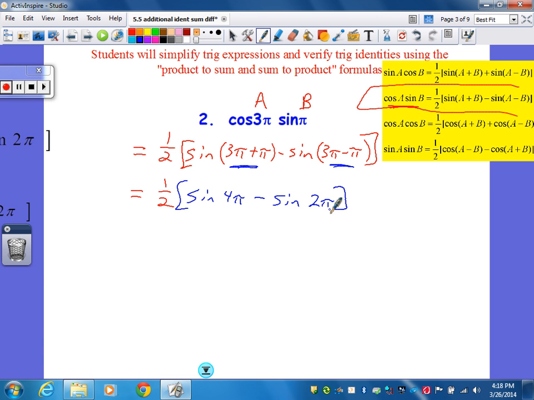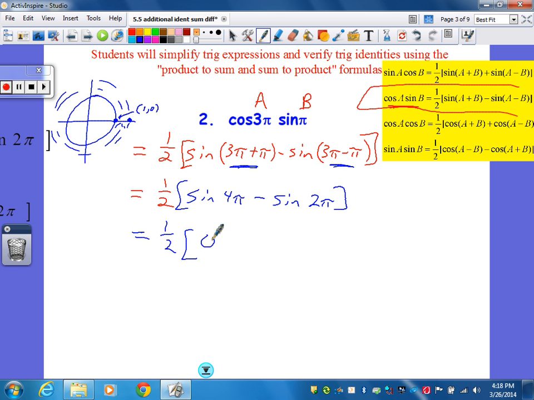And a lot of you are thinking, well, sine of 4 pi, if I think about my unit circle, is just going around the circle 2 times. That point right there is just 1, 0. So sine is 0 at that point. So we have 1/2 times 0 minus, same thing, 2 pi.